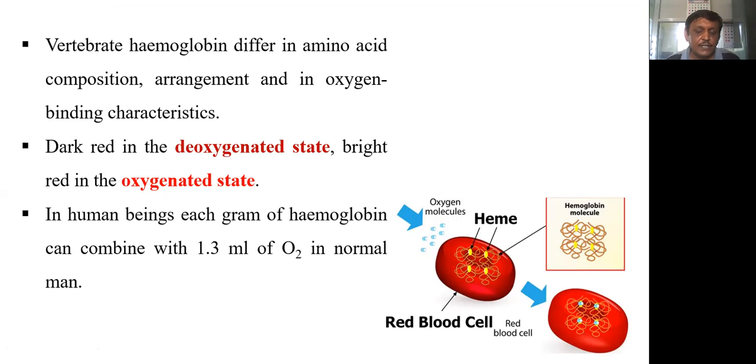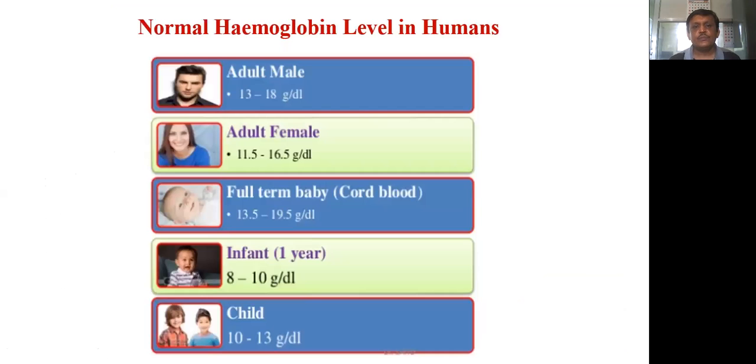And 1 gram of hemoglobin in human beings can carry up to 1.3 ml of oxygen in a normal man. So these are the hemoglobin levels in various stages of human life. In an adult male, the normal level of hemoglobin is 13 to 18 gram per dl.